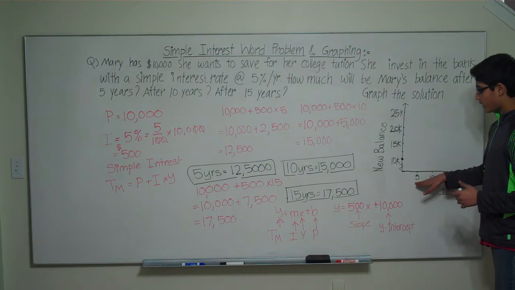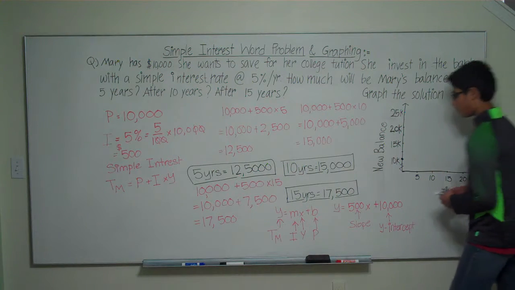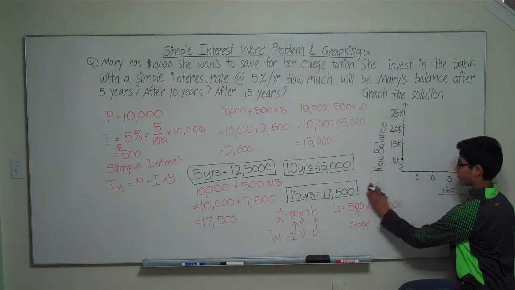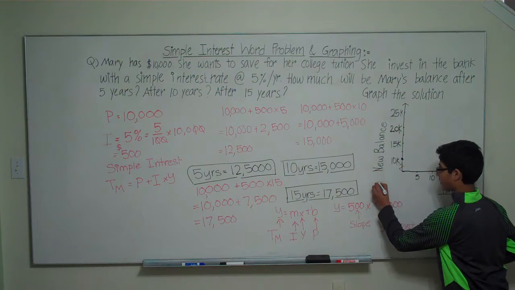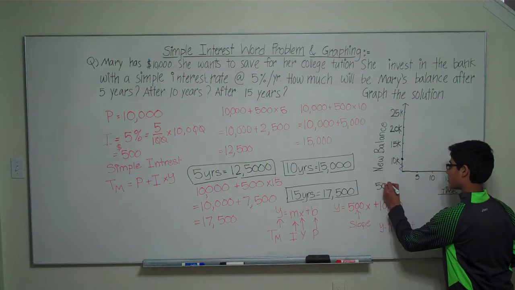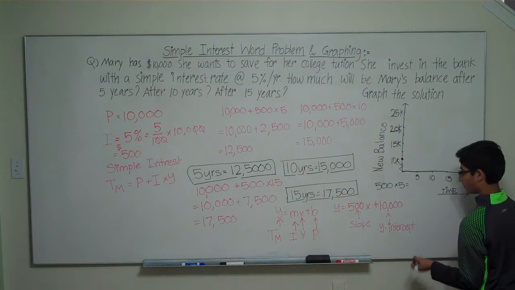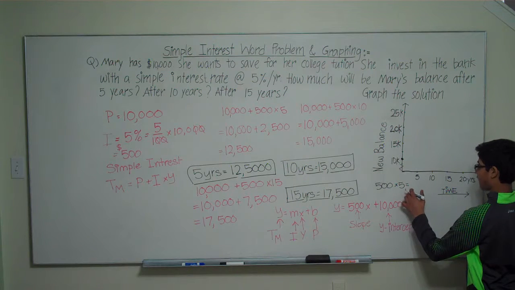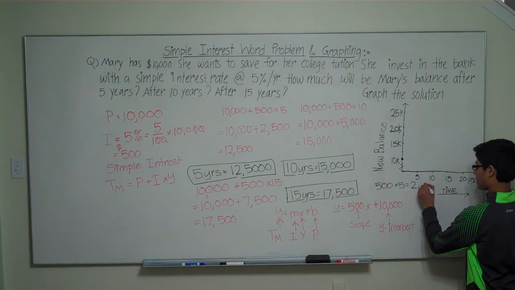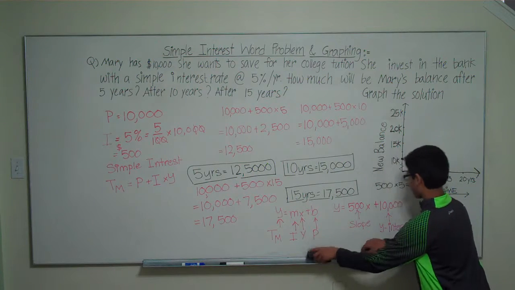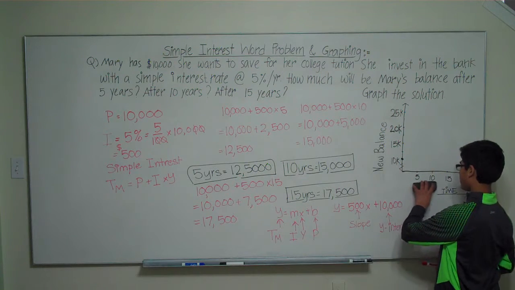So in 5 years we get 500 times 5, which is equal to $2,500. Let's write this again in red.